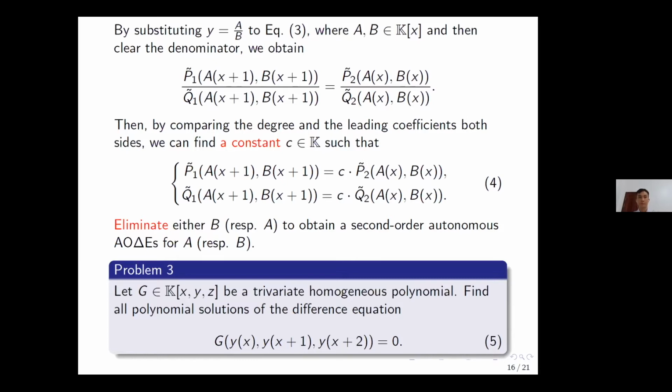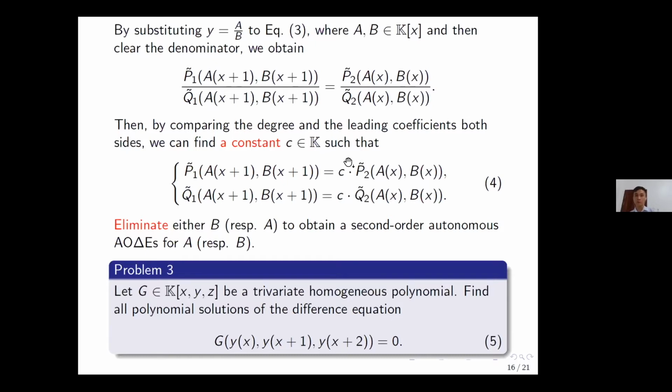So the numerator must be equal to a constant times the numerator, and the denominator must be equal to the same constant times the denominator.